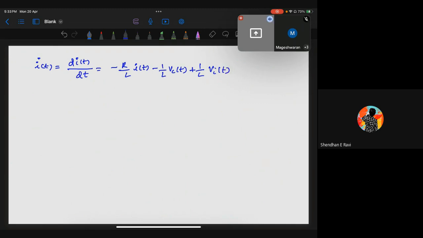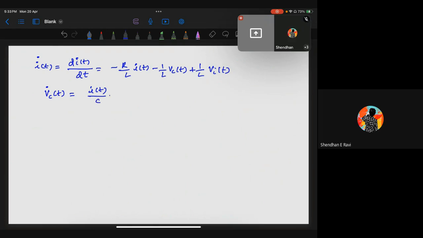Clear? Any doubt? Okay, so this is i of t dot. What is Vc of t dot we got? i of t by c. Am I correct?